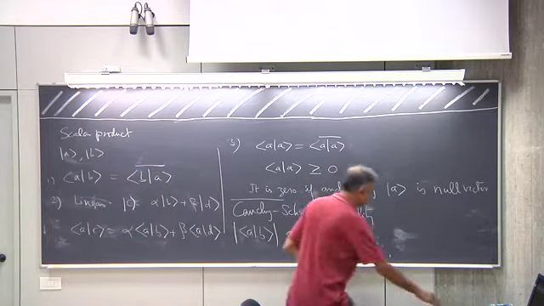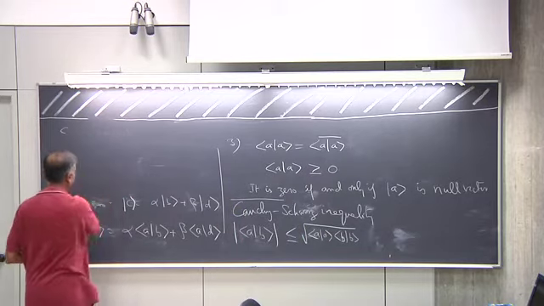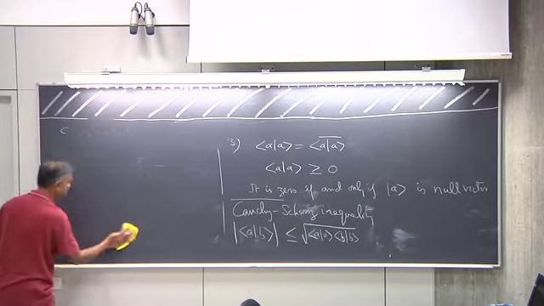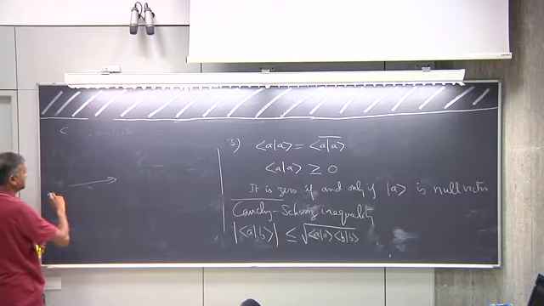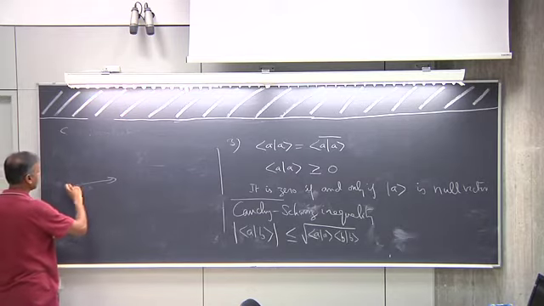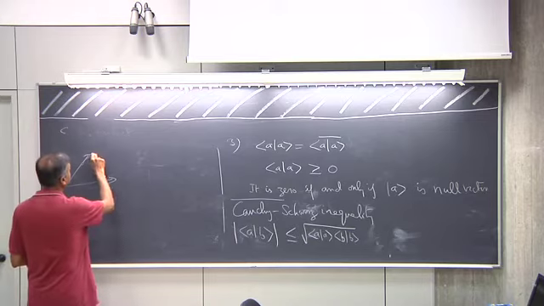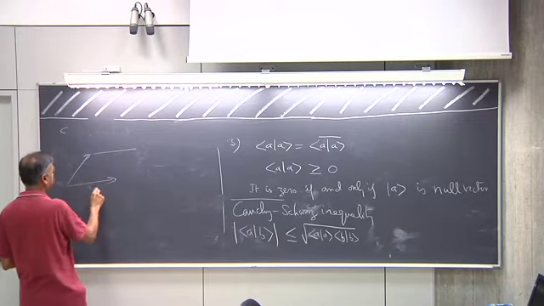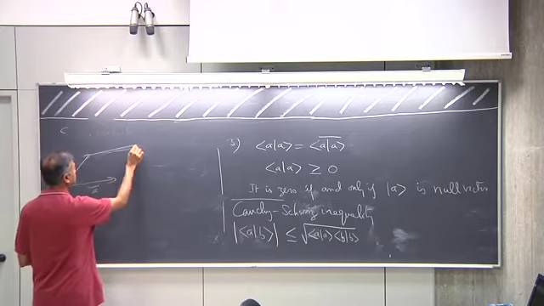Then you're also familiar with another property from our usual experience with vectors, right? If I take two vectors in a plane, say this is A and that's B, then the sum of the two vectors is this.